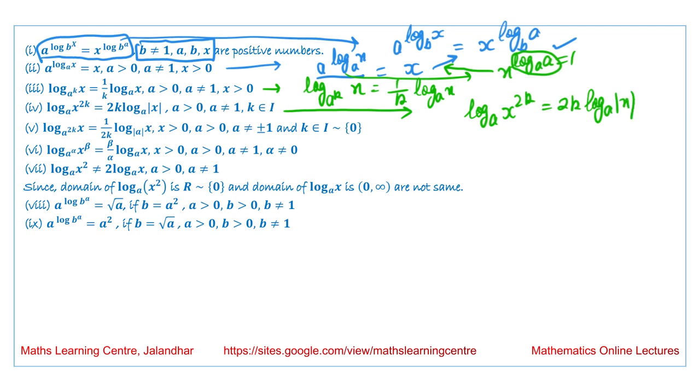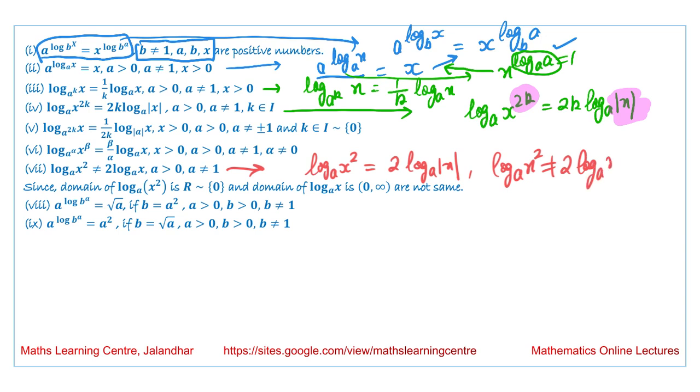So what we are saying over here is that if the power is even, then this term will have mod x over here. Why are we writing in this form? It will be more clear to you with this example. We are saying that log to the base a of x square will be equal to 2 log a of mod x. So we are saying that log to the base a of x square is not equal to 2 log a of x.